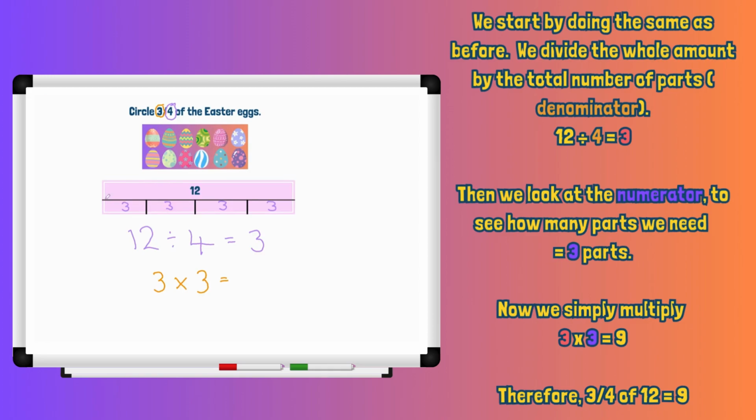And I can show that by colouring them in. 1, 2, 3. And 3 lots of 3 is 9. Therefore, 3/4 of 12 is 9. Ta-da!